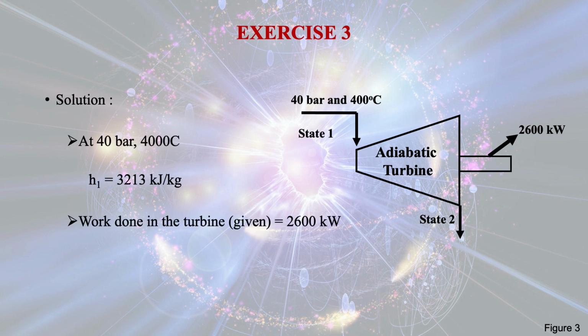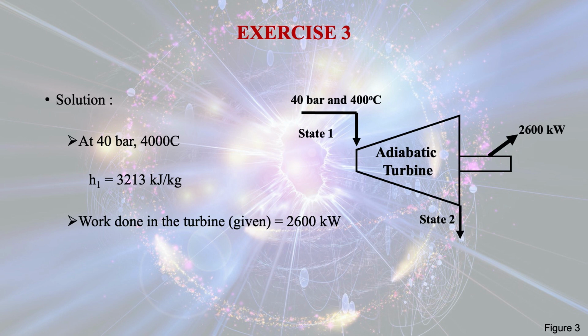So at 40 bar and 400 degrees centigrade, the enthalpy at state 1 we can get from the steam table, and for this problem you will get H1 is equal to 3213 kilojoule per kg, and work done in the turbine is given as 2600 kilowatt.